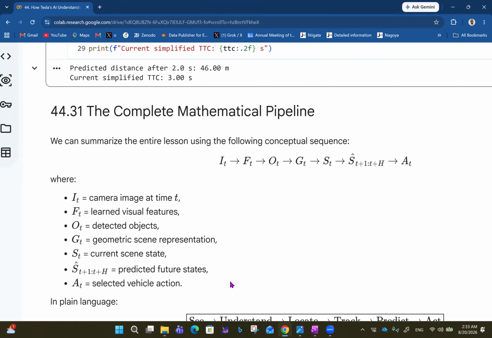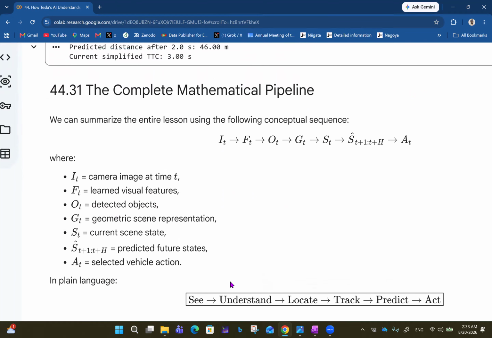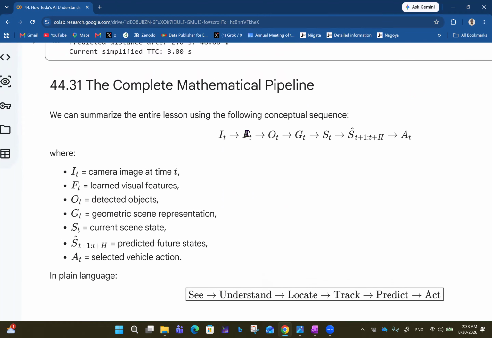So the complete mathematical pipeline is this. We can summarize the entire lesson using the following conceptual sequence: I of t to f of t, that's the camera image at time t. Then the visual features, then the detected objects, the geometric scene representation, the current scene state, then the predicted future states, and then the selected vehicle action.